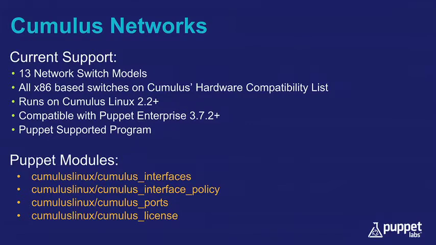So we have Cumulus ports, Cumulus interface policy, and a separate module for licensing management, and so on. But because Cumulus is based on Debian Linux, if you want to manage something like NTP, you don't have to use the Cumulus module for that. You would just use the Linux NTP module, and that would configure it on a Cumulus device.